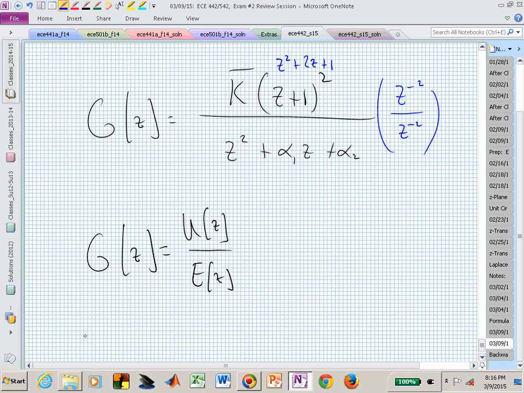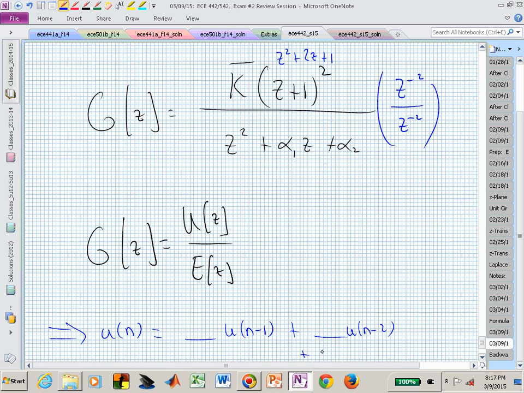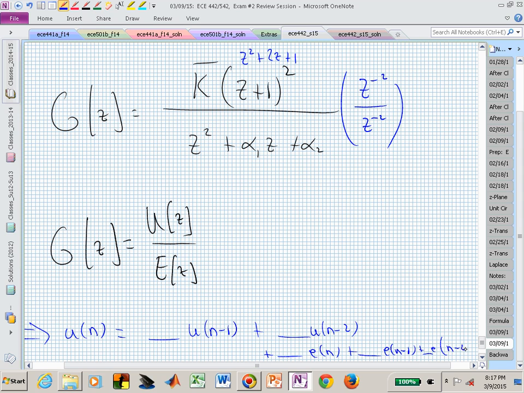Meaning this is going to translate into u of n equal to something u of n minus 1 plus something u of n minus 2 plus something e of n plus something e of n minus 1 plus something e of n minus 2.